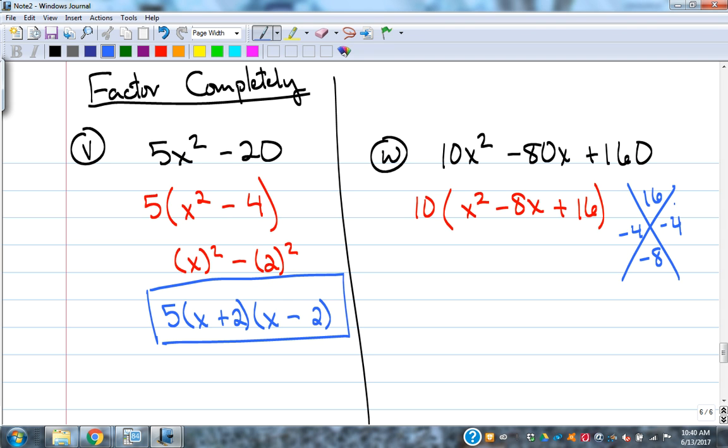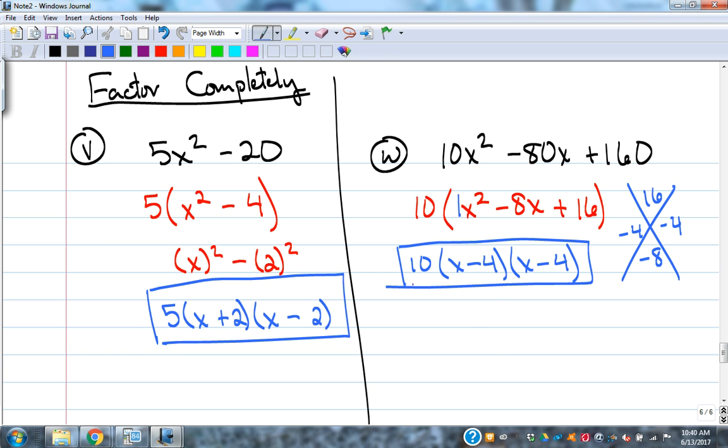Can I take a shortcut on this one? Why? And there's a what in front of this x squared now? A 1. There's a 1 in front of this x squared. That allows me to take that shortcut and say, oh, I don't even have to do the grouping anymore. I just do this because there was a 1 in front of x squared. Technically, that's correct.